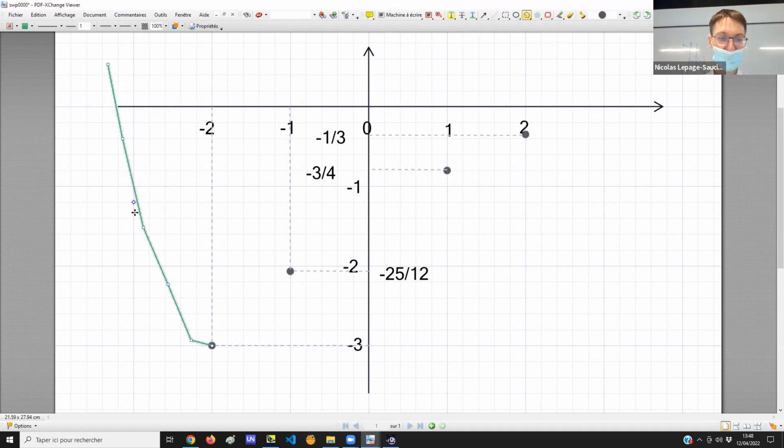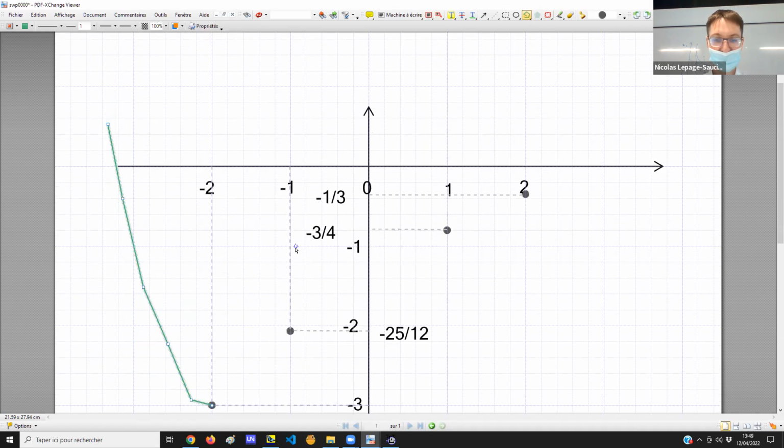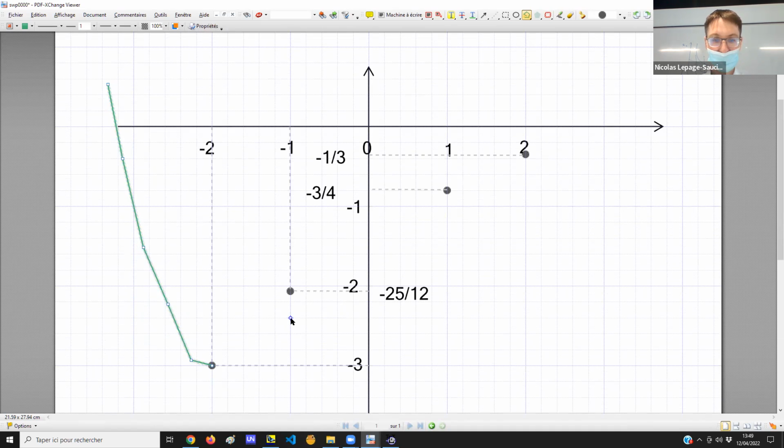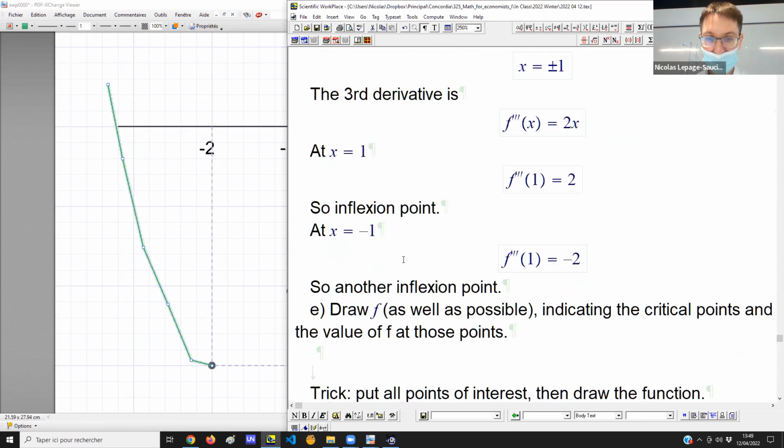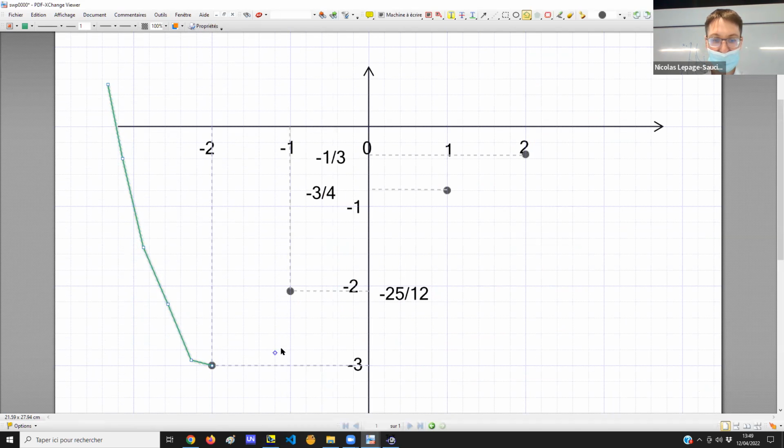So here there is no inflection point. So that's section 1. Then -1 is an inflection point, right? Yeah, -1 is an inflection point. So here it's going that way, and this should be going this way.